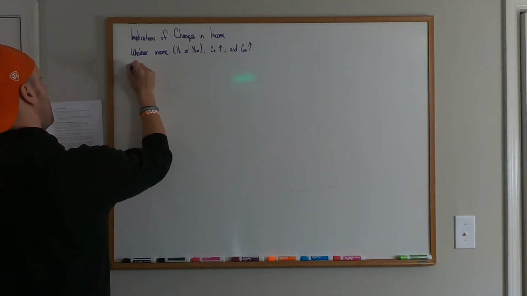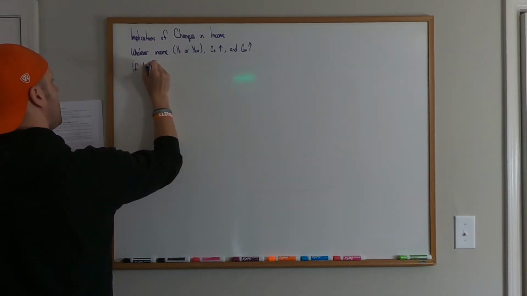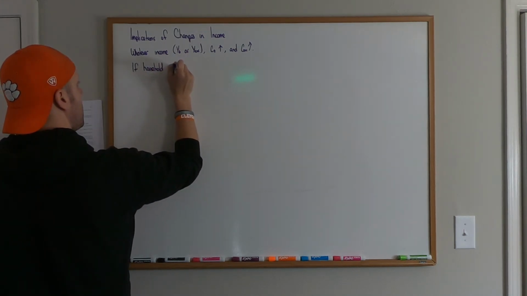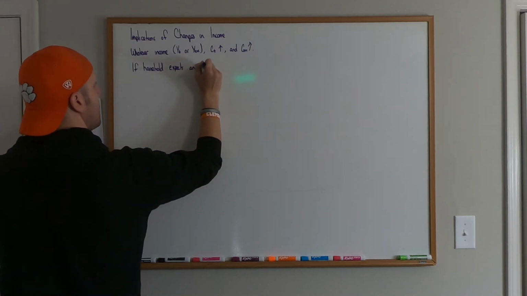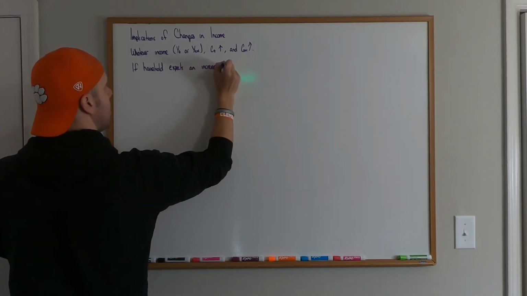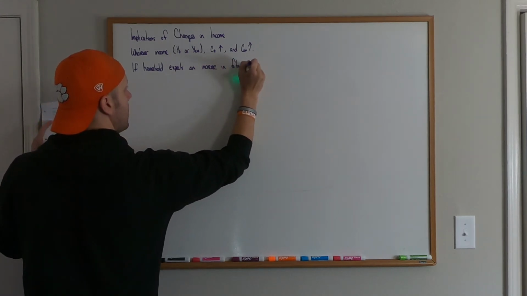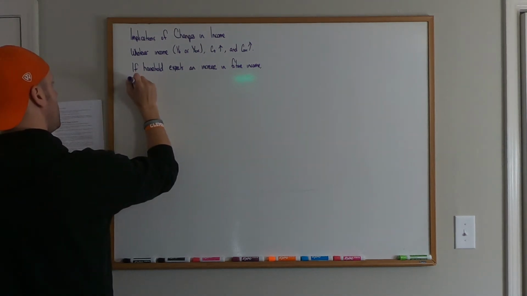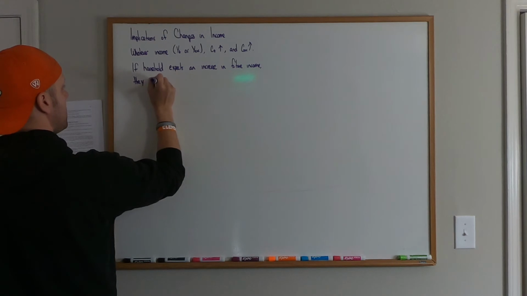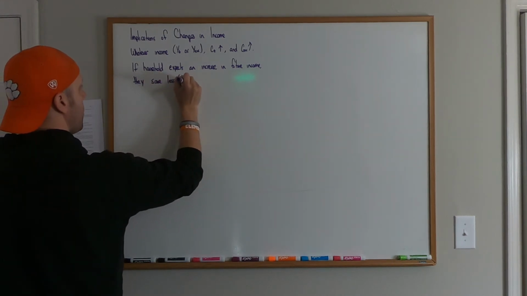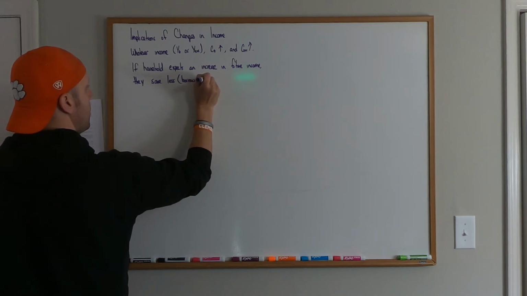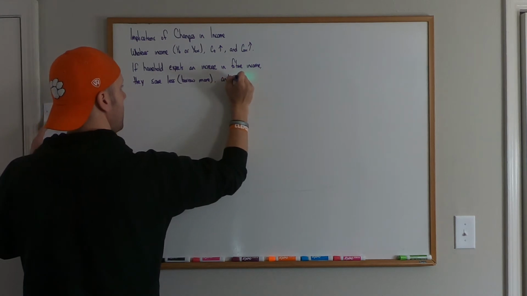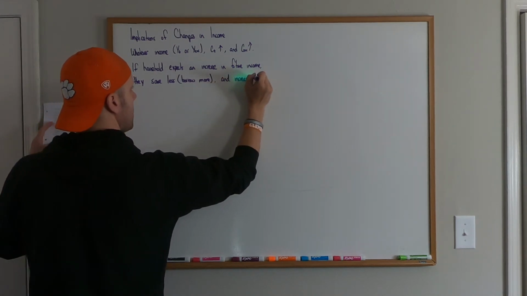So the household expects an increase in future income. They save less, which means they borrow more, and increase current consumption.